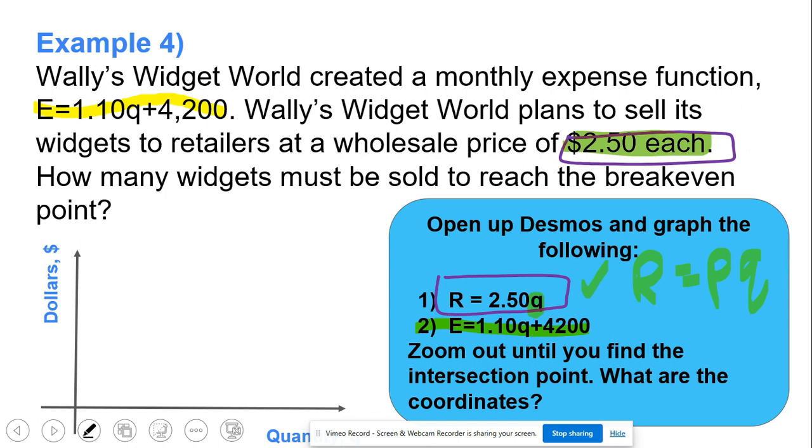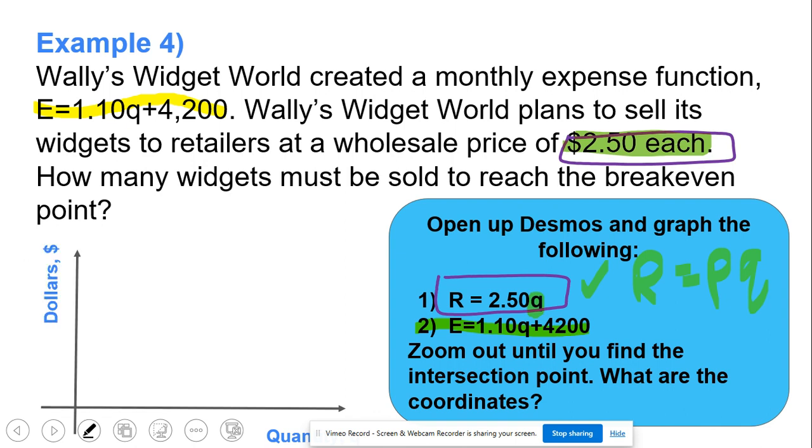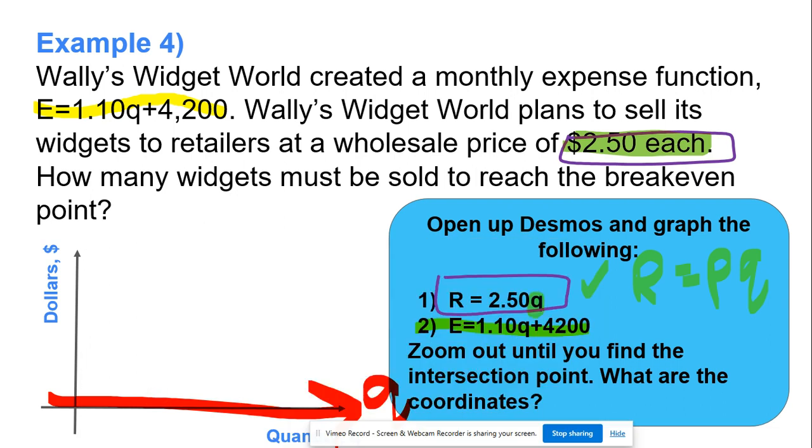1.10Q plus 4,200. Now, something to keep in mind here is when we're graphing, we're starting off with quantity on the x-axis. This is going to be quantity Q. And on the y-axis, we're going to have the dollar amount up here.